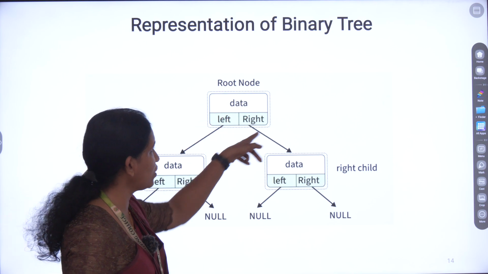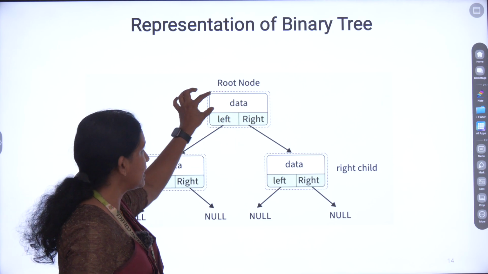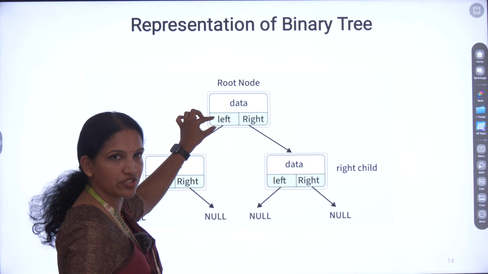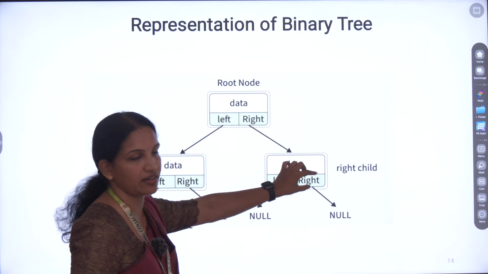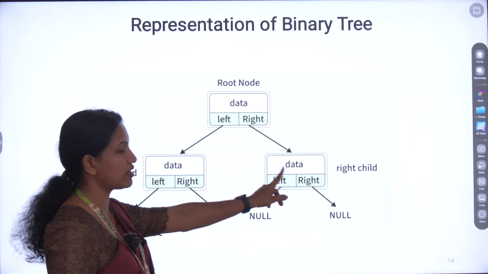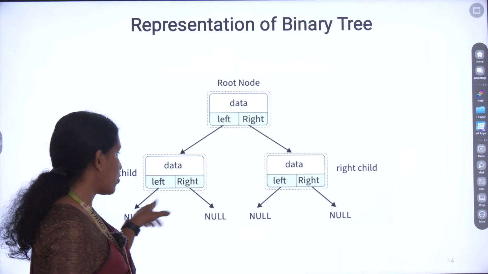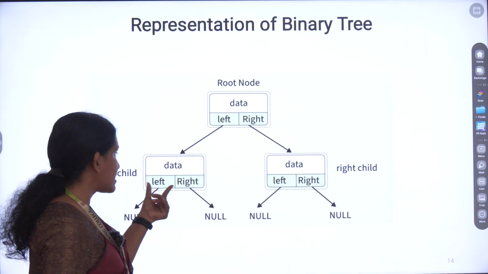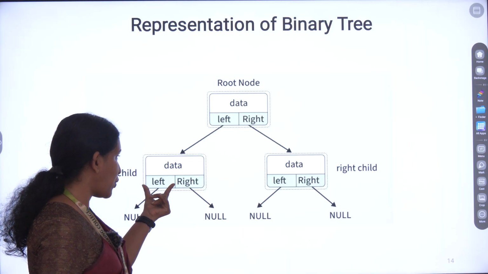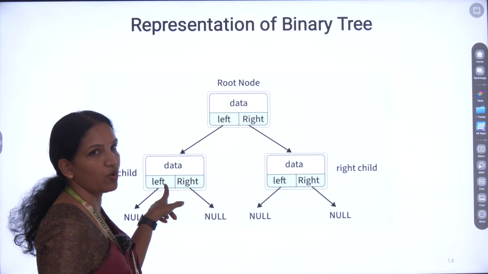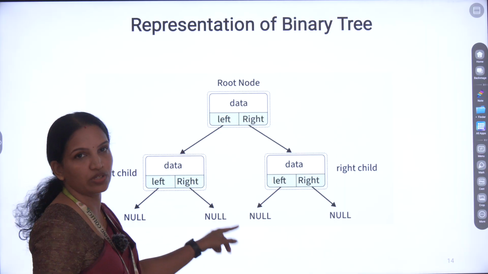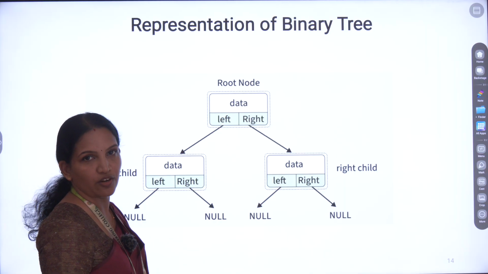Here is a root node with 3 parts: the data, the pointer to the left child and the pointer to the right child. These two are the left child and right child of the root, and they are also leaf nodes, so they don't have any branches. The left pointer and right pointer of these nodes will be set to null, since there are no more child nodes.